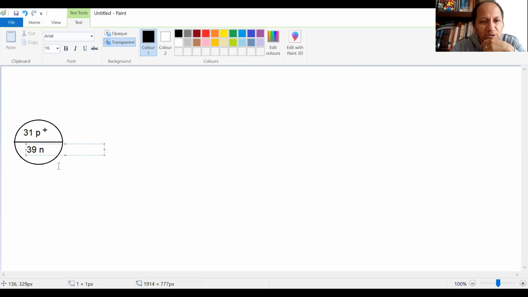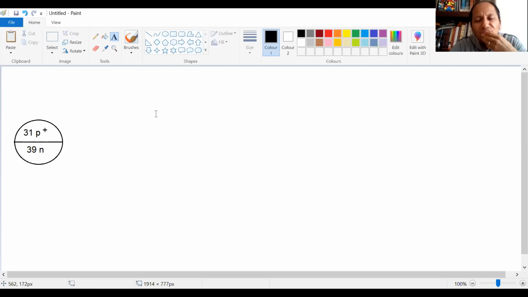Okay, so being said that, let's get started to draw now the levels of energy. For the levels of energy, if you check in which row gallium is located, it is in the 4th. So we need to draw 4 circles, or 4 orbits, or 4 shells. In order to draw it in a better way, I'm just going to draw a small portion of the shell because I don't need the rest, okay?